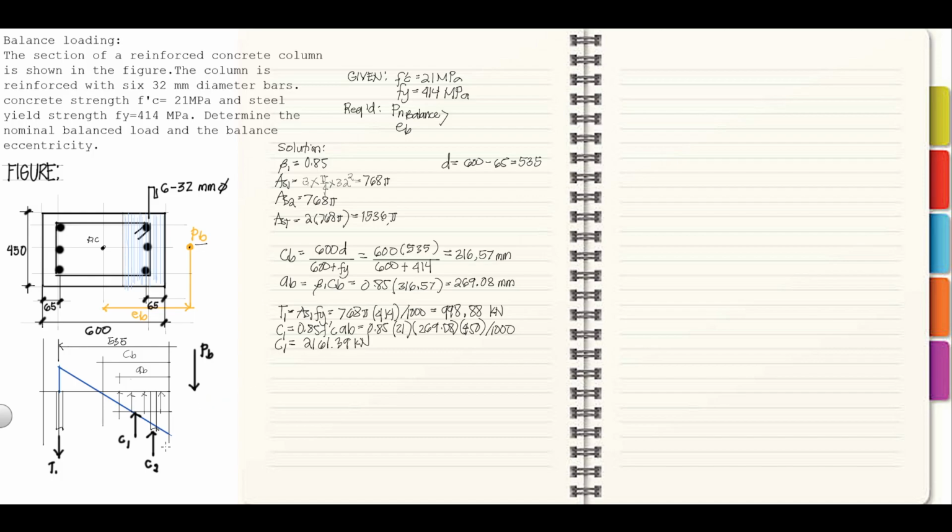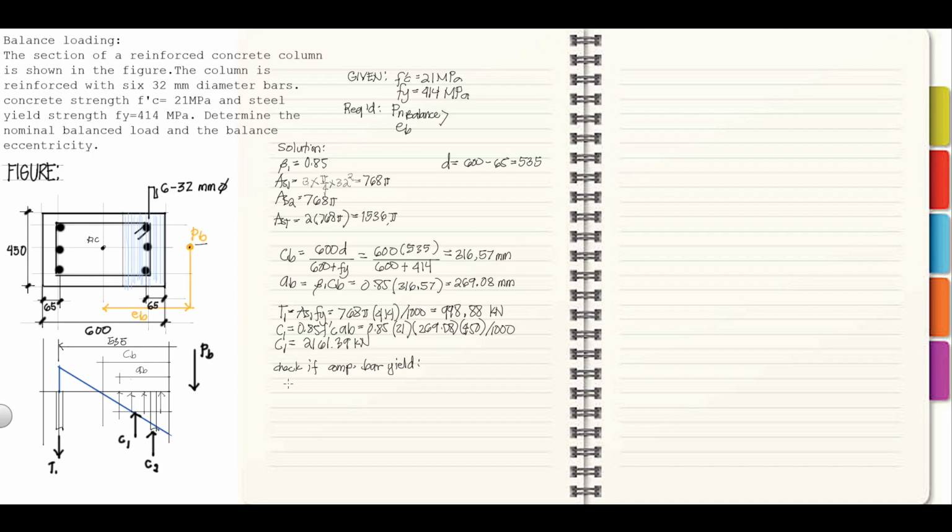Now, for C2, ito na yung compressive force of our compressive bar. Okay, yung AS2. Ngayon, we need to check if yung gagamitin nating stress is Fy. Tama? So, we need to check if compression bar yield. Okay?